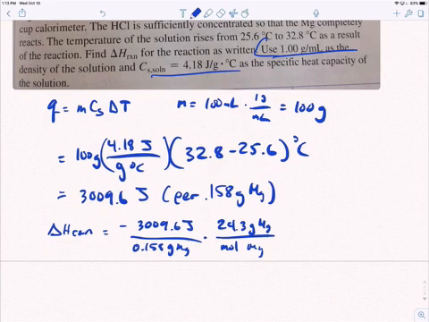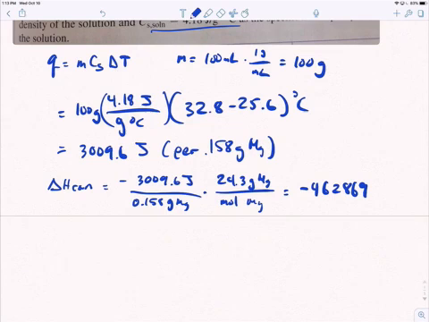So I just take that and multiply it: 24.3 divided by 0.158. In doing so, we get minus 4.62869, so that means this equals minus 462 kilojoules per mole.